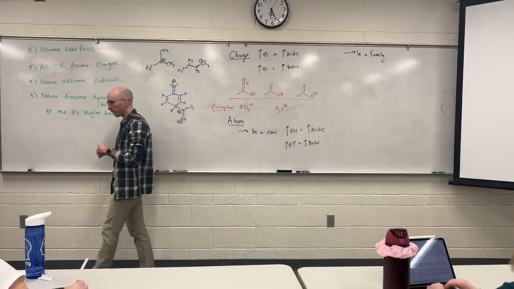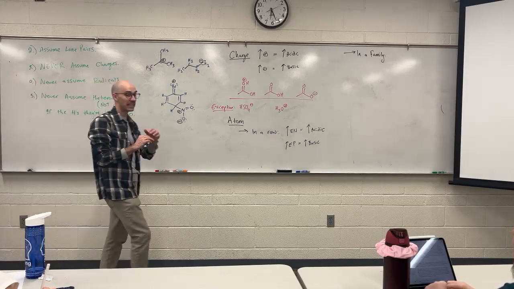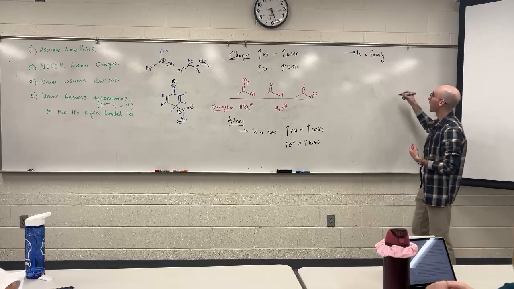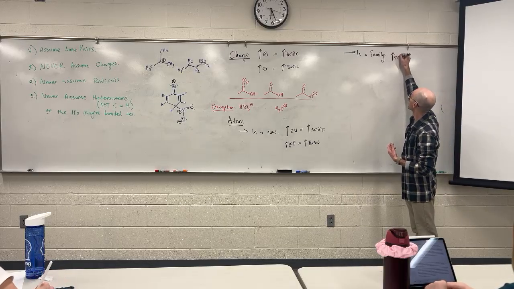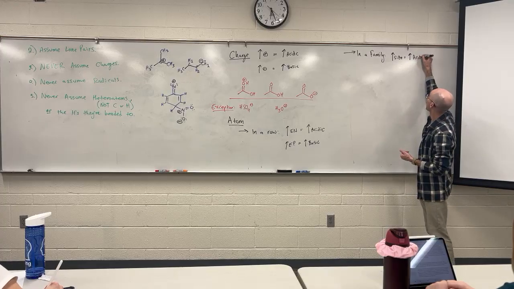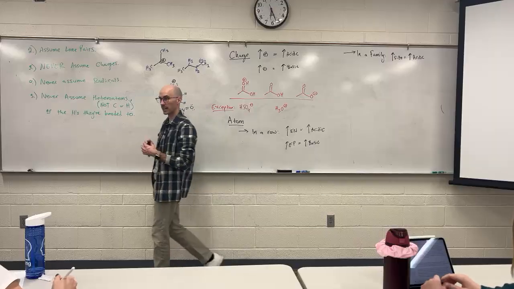The other comparison that we make between atoms is when atoms are in the same family. Here, we don't consider electronegativity, we consider size. Increasing size equals increasing acidity. Larger atom, more acidic.